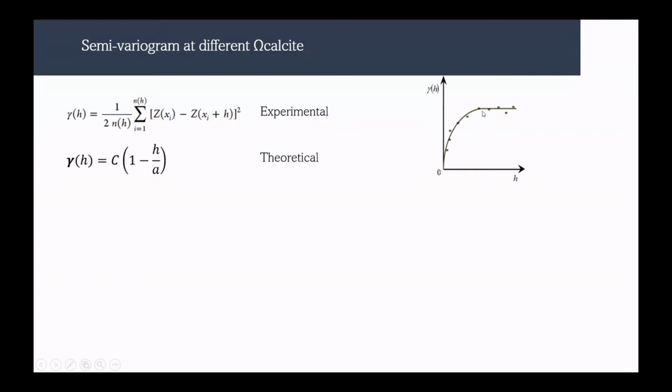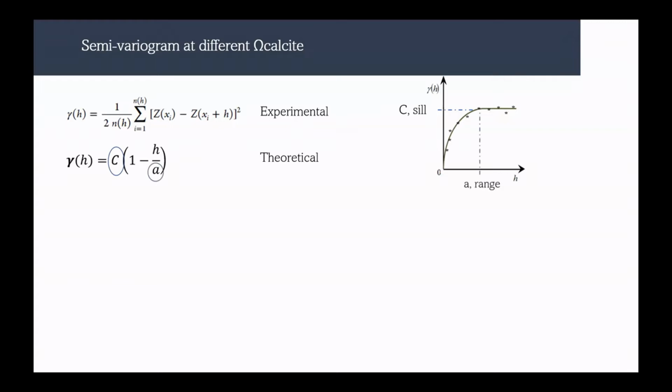So if you look at the variogram model that we use to fit the experimental data, we have a sill. The sill is the variogram plateau, so it's the value at which the variogram reaches a plateau.